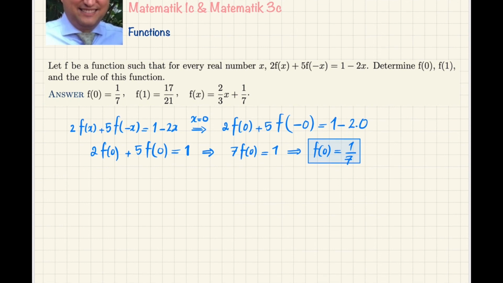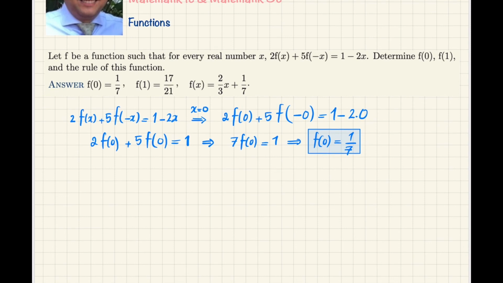Now I want to do the same idea for f of 1, but there will be a little problem here. By the experience that you have gained so far, you would say that 2f of x plus 5f of minus x is equal to 1 minus 2x. My goal is to know something about f of 1, so clearly it motivates me to replace x with 1 this time.